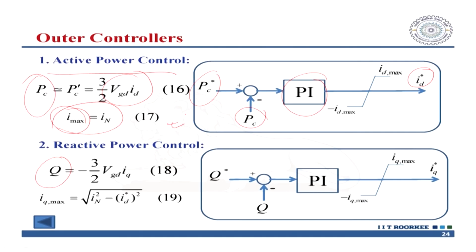So, for active power control, it is minus 3 by 2 VGD into IQ, and thus IQ max will definitely be the square root of this, and from there you will calculate the IQ star. This is something you need to remember: first calculate the ID star, and thereafter from the power rating we calculate the IQ star.